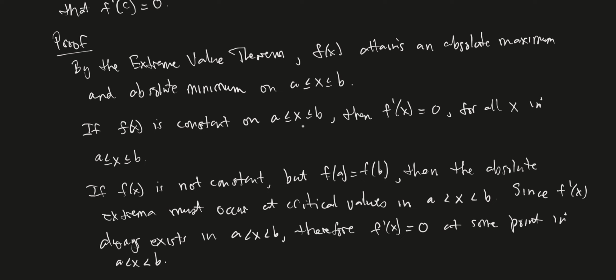So in both cases, whether the function is constant or not, and it's one of the two, assuming that we have a continuous function on a closed interval and it's differentiable everywhere inside the interval, and the endpoints are equal, then there has to be at least one point where the derivative is equal to 0. And that's our QED.